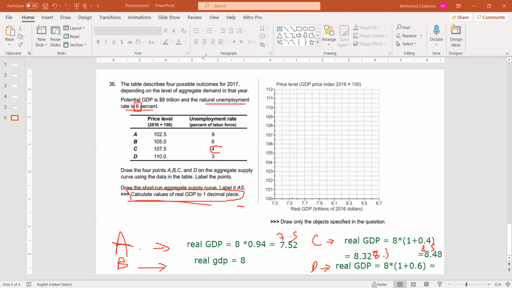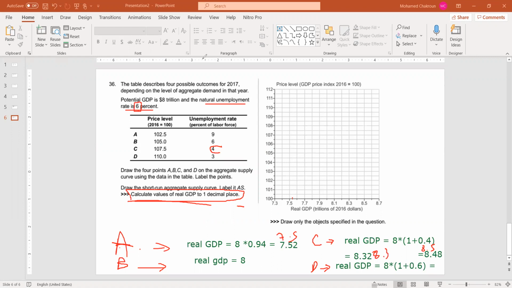So here the unemployment rate is 2 points below the natural unemployment rate. So if the unemployment rate is 2 points below the natural unemployment rate, real GDP will be 4 points higher than the potential GDP.